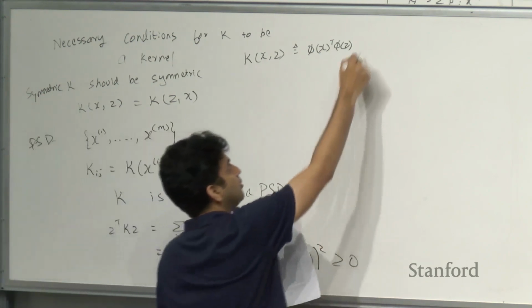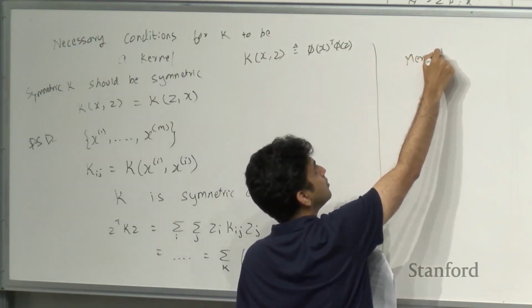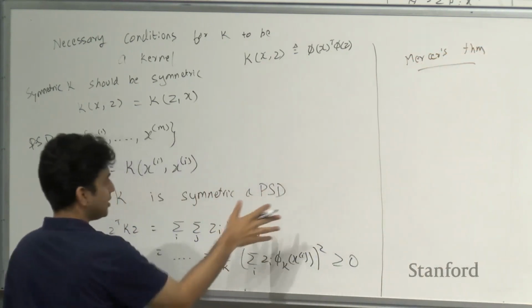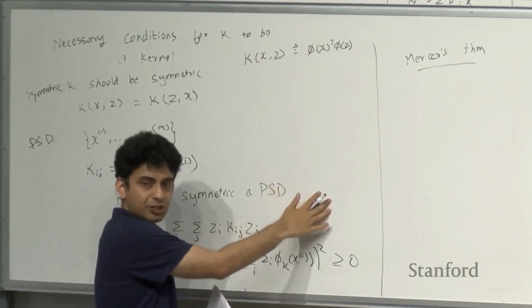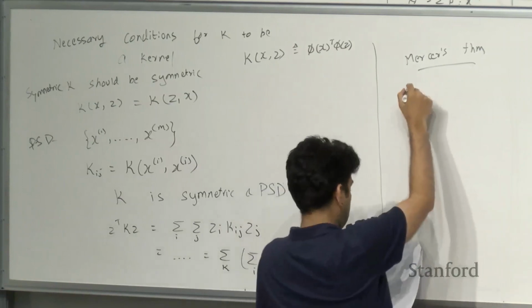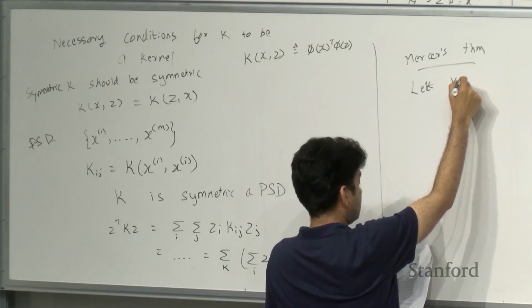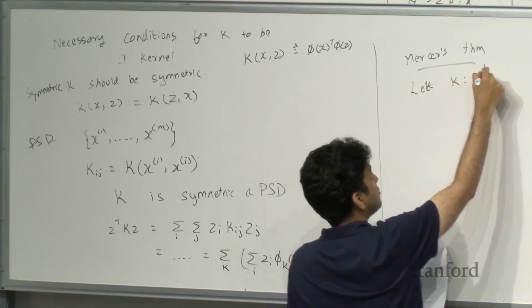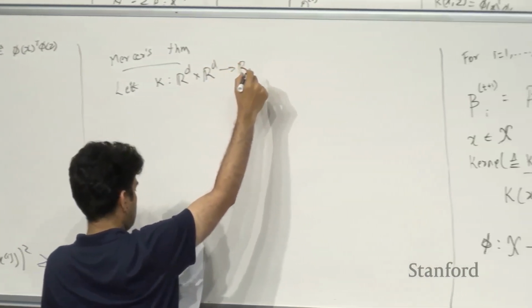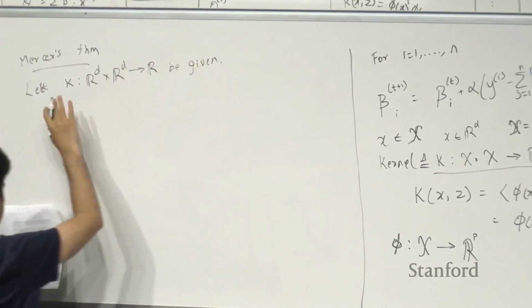There is a theorem called Mercer's theorem, which says this necessary condition is also a sufficient condition for k to be a kernel. Right? So Mercer's theorem says, let k, in this case we're going to just limit ourselves to R^d cross R^d to R, be given, so this is some function.